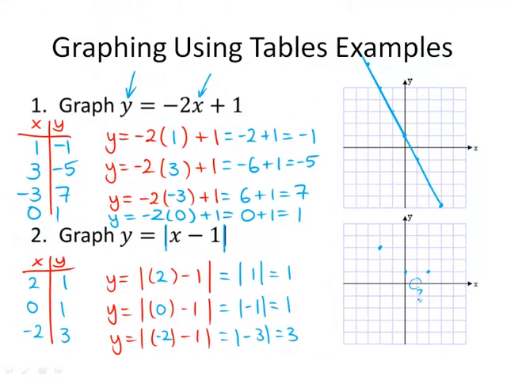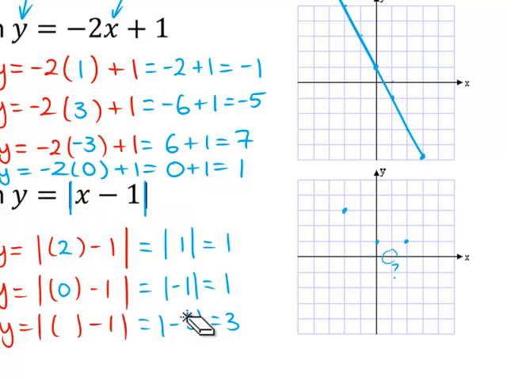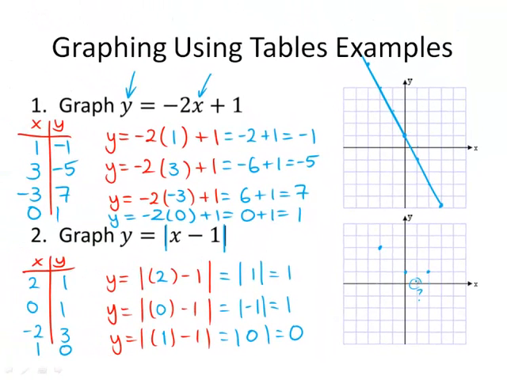I'm wondering about 1 because it is where this pattern is breaking. So let's try and stick in a 1. If you stick in a 1, 1 minus 1 is 0, absolute value of 0 is 0. So 1 comma 0 is there.